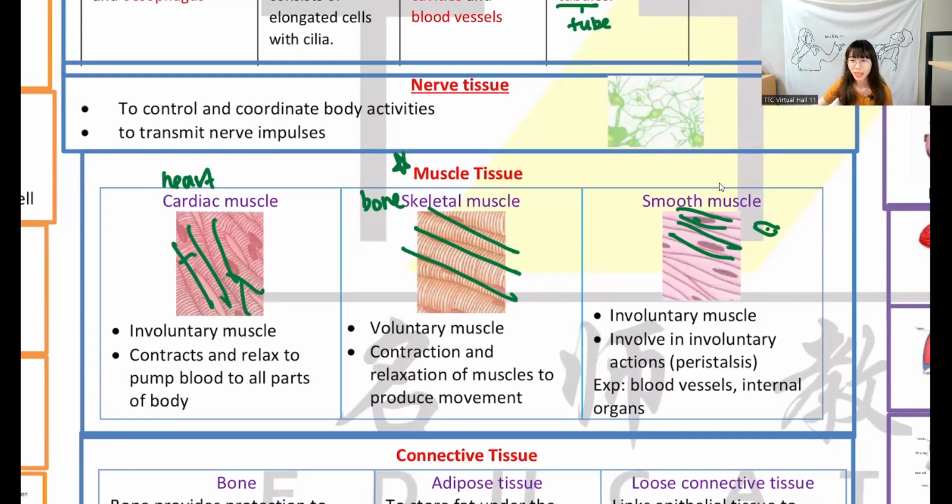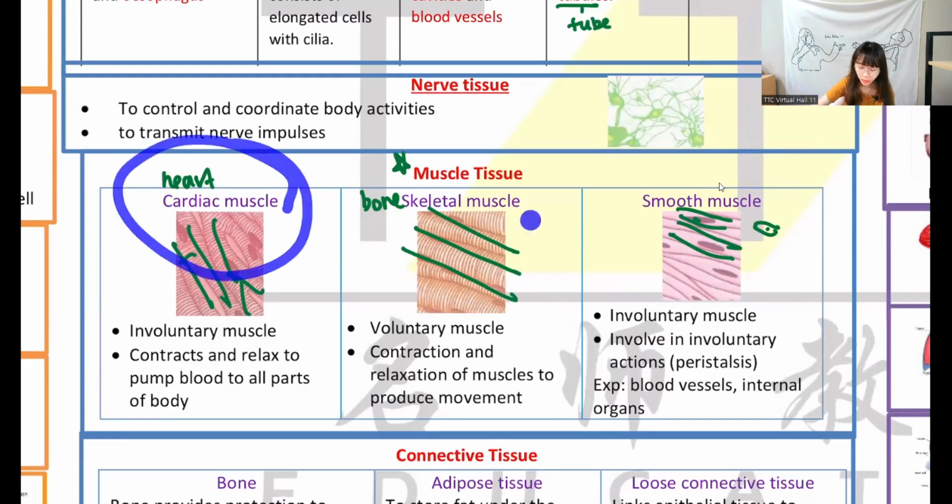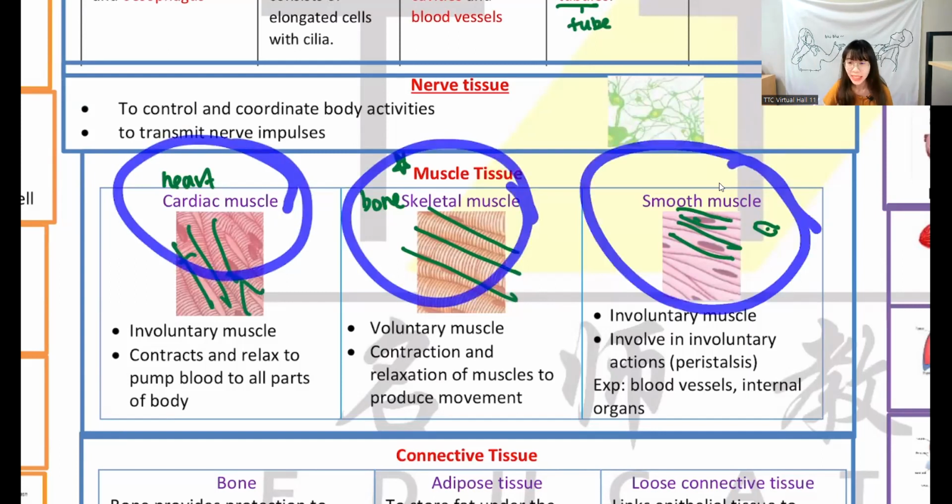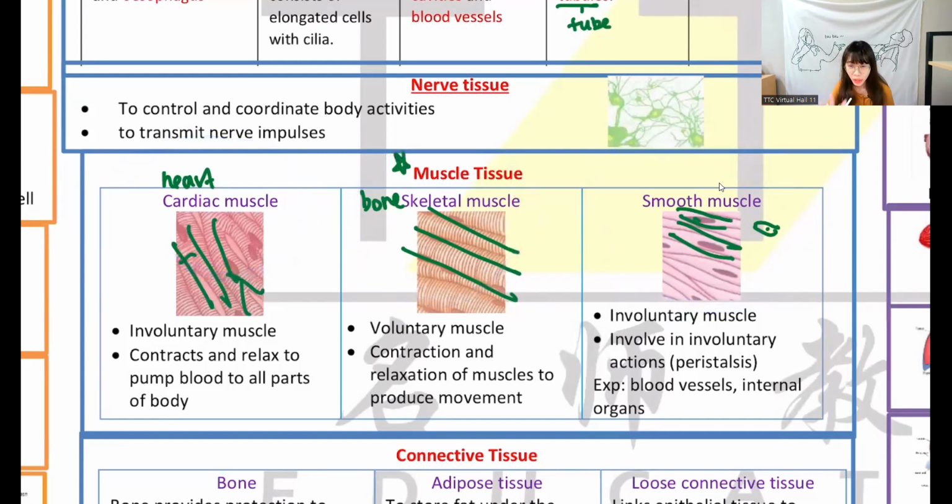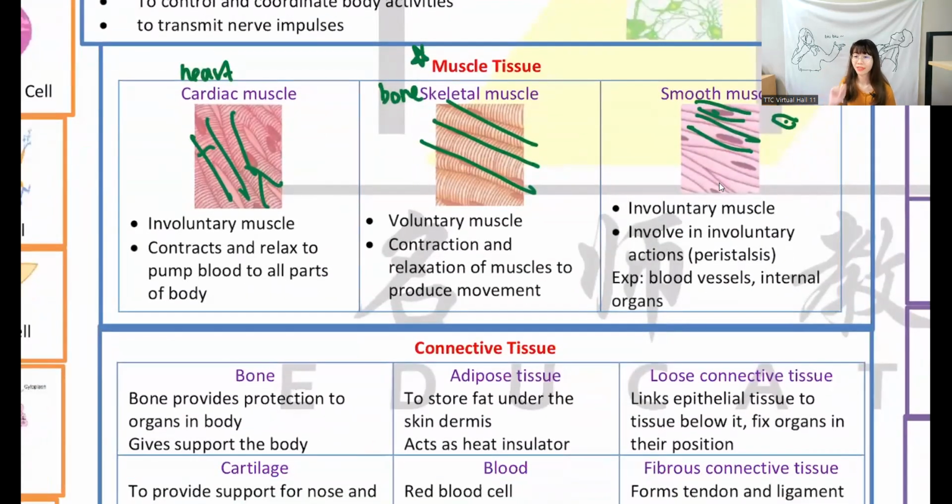We cannot control when we digest food, which is why smooth muscle is involuntary muscle. So we have three different muscles: cardiac, skeletal, and smooth muscle. It is important to recognize the diagram and write the function of each. It's a very common question: they ask you to identify and write the function.